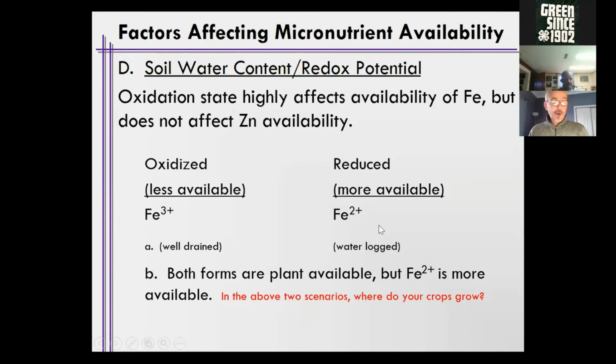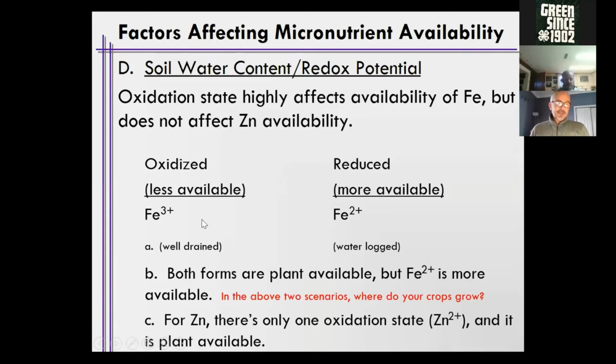And I would assume that if you're growing crops over here, you're not doing a very good job of growing your crops, right? Most of our crops that we grow in Colorado don't like their feet being wet. So we're over here. And so that's an issue. So both of these forms can be taken up by plants, but we typically grow our plants in oxidized conditions.